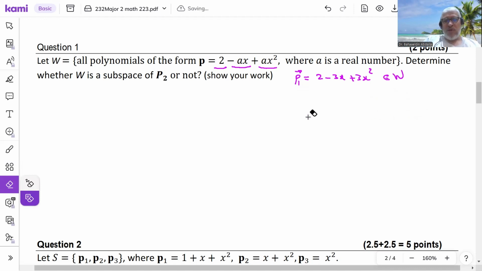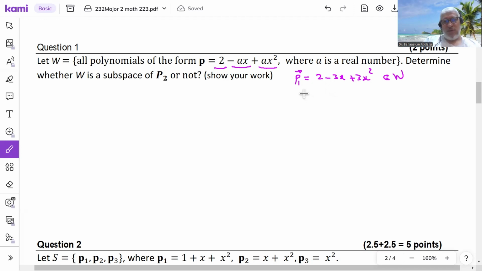So you think, are these polynomials closed under addition? If we add two polynomials in W, would their sum be in W? And the answer is no, because when you add two polynomials in W, you will add the constant terms, and then you will get 2 plus 2, which is 4.